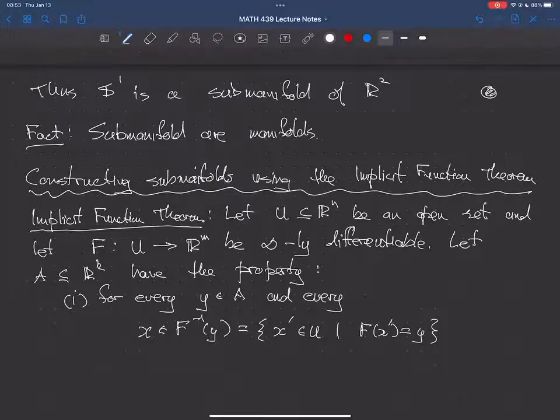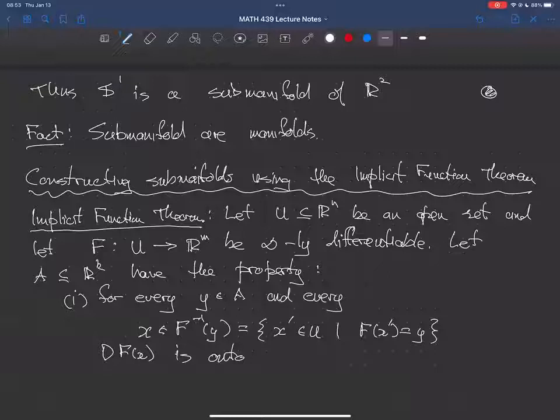So for every Y in A and every X in the preimage of Y, the derivative of F at X is onto. Remember, this is just the normal Jacobian.